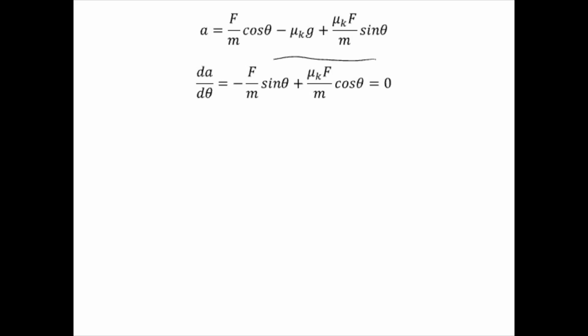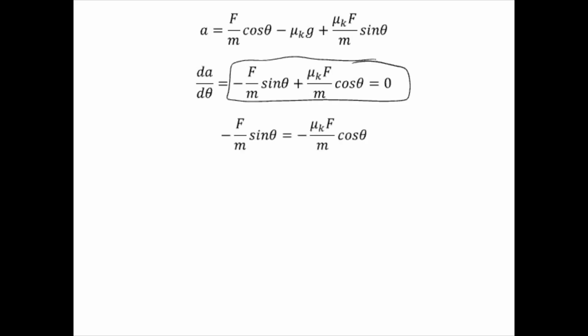We set that equal to 0 as shown, and we have to solve that equation out. Notice that it's not really a whole lot harder to solve. We end up on the left with minus f over m times sine theta. On the right, we end up with negative mu sub k f over m times cosine theta. We can multiply both sides by negative m over f, and both sides turn positive.